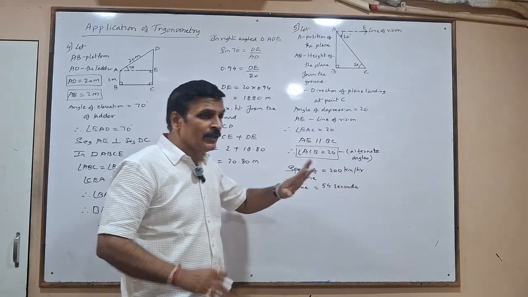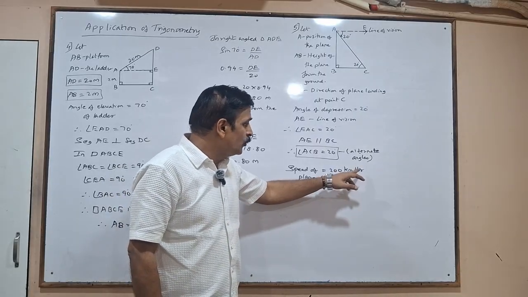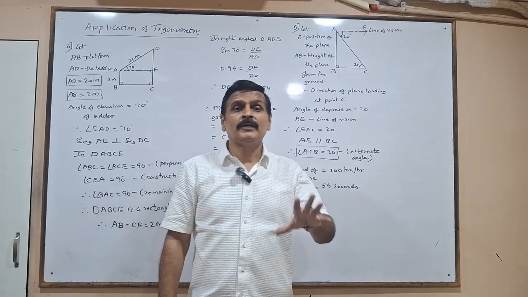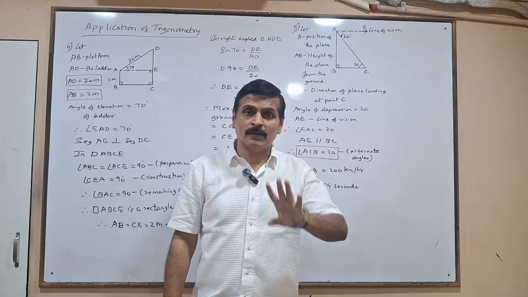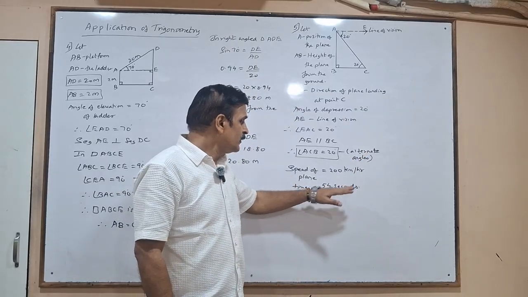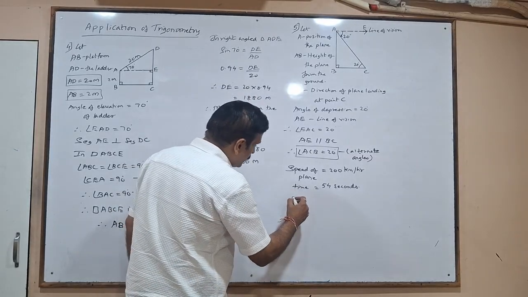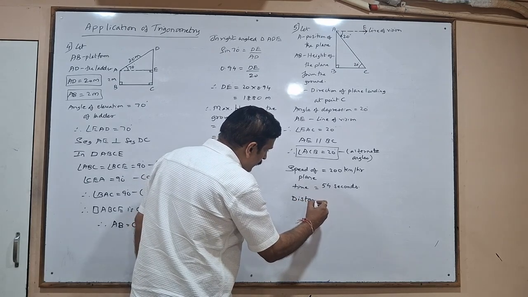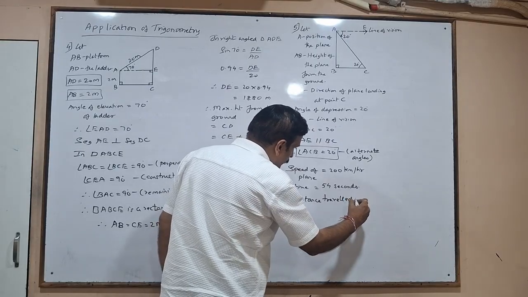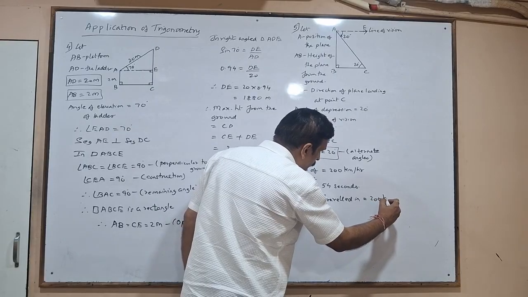From this, a unitary method we can basically follow. 200 kilometer per hour when the speed is mentioned means 200 kilometer distance is traveled in 1 hour. 1 hour means 60 minutes, or 1 hour means 3600 seconds. So we can state distance traveled in 1 hour is 200 kilometer.